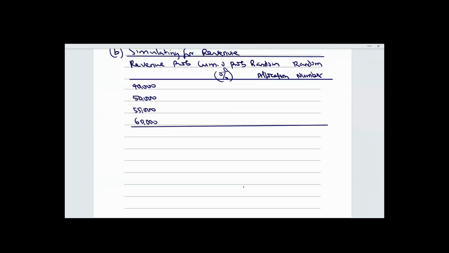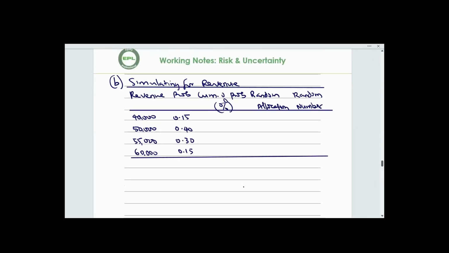The next item will be the probability: 0.15, 0.40, 0.30, and then 0.15. Now find the cumulative probability in percentage.